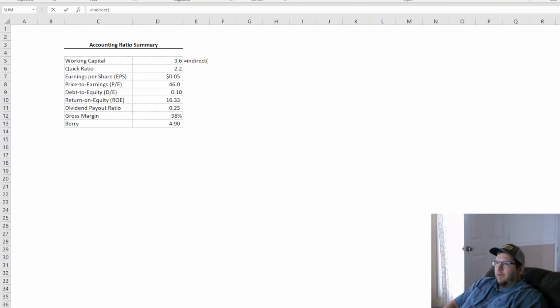Excel indirect with cell reference. It's been a while. The indirect function is great for certain things for sure, though. It's really good. But I just don't use it all the time.